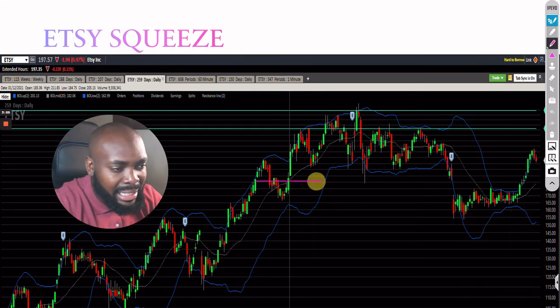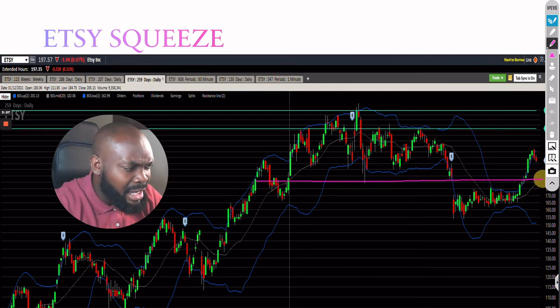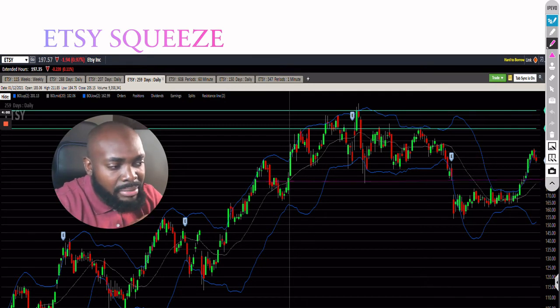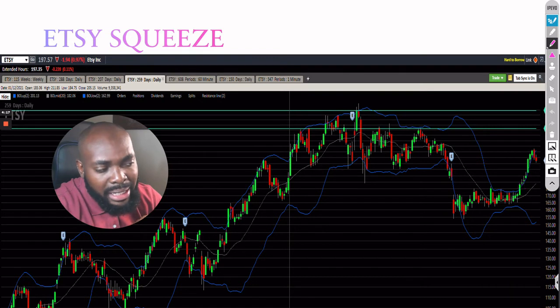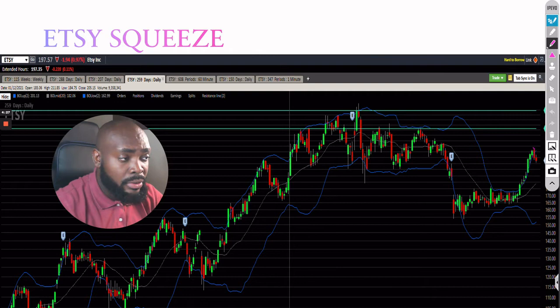When we look at a potential old support to the upside, which has the probability of becoming resistance, once the stock was able to break out above that level, which you can see right here is the first day the stock broke out of the Bollinger Band. Once we got the breakout of the Bollinger Band, you see the stock just continues to walk or ride the band on the outside until we literally break back into the Bollinger Band.